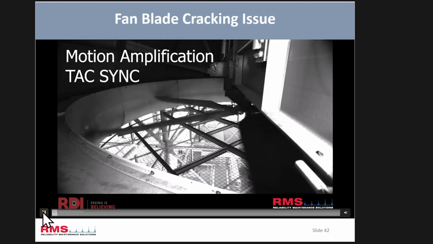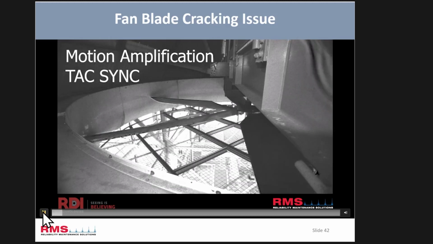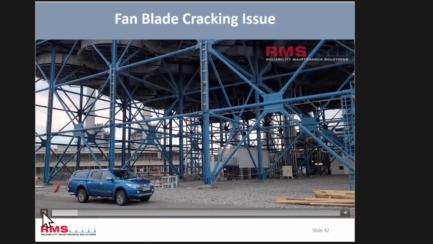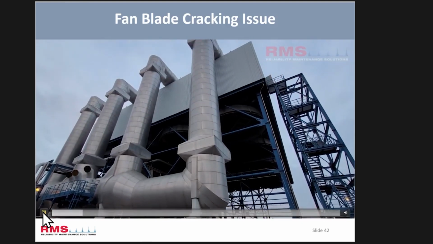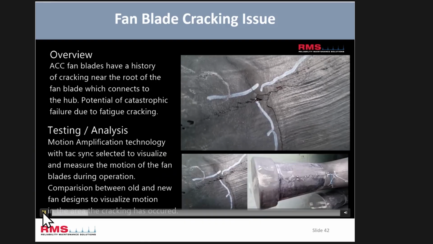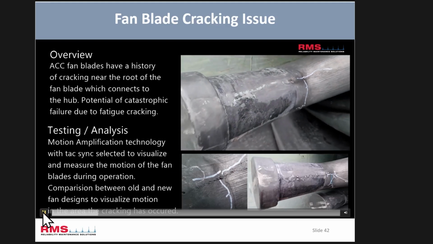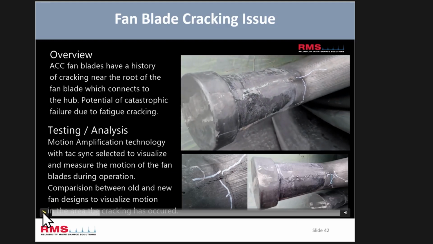So there's your fan, motion amplification. Once we tack sync, we can see how the fan blades are bending. So this is the cooling section of the fan, and you can see the cracked blades. So you can see the cracking effect that was happening in these fan blades.